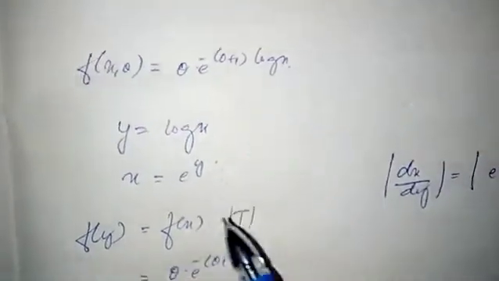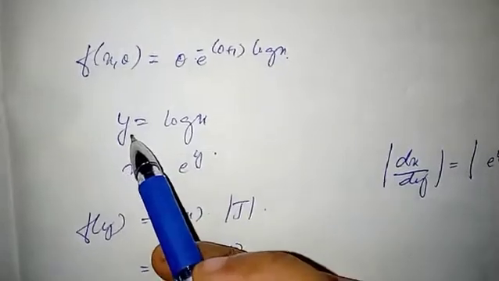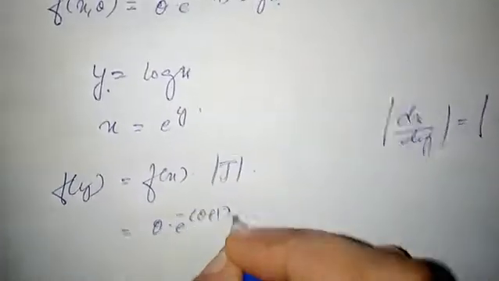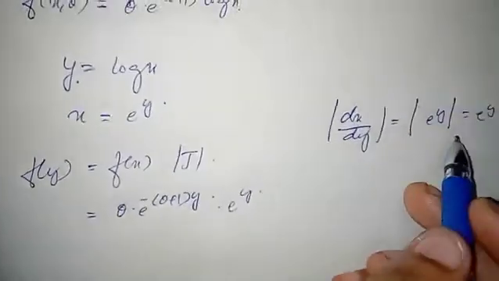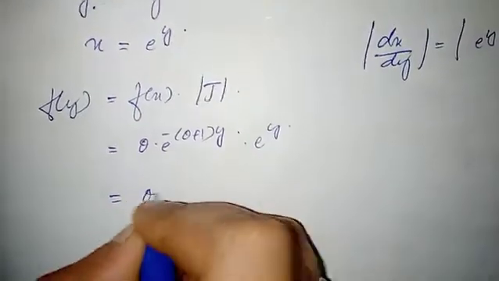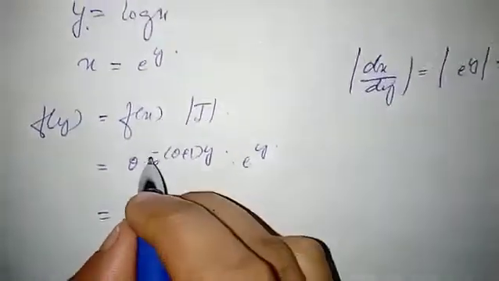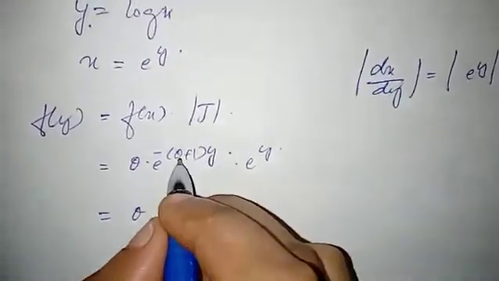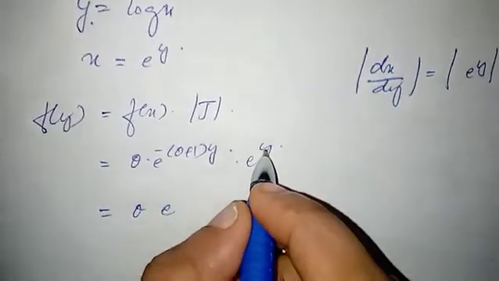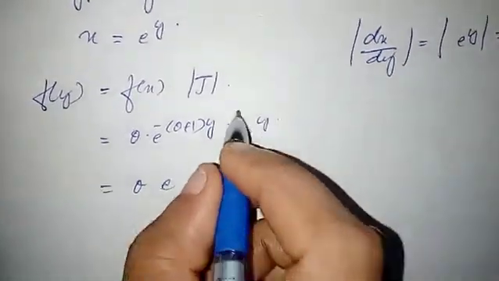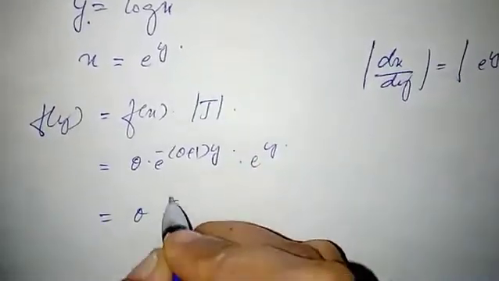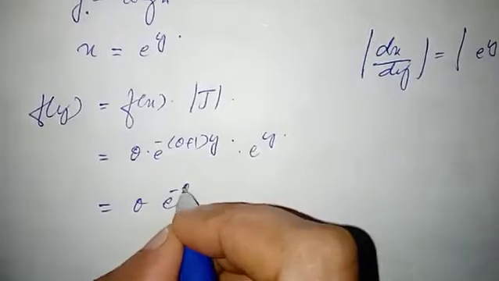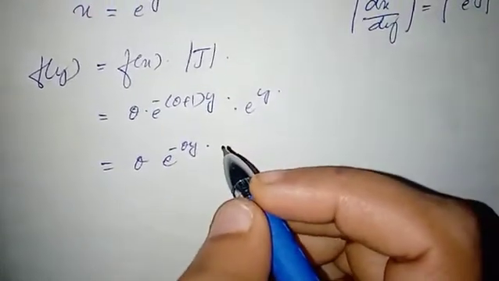But here, log x is equal to y. Then you can write it here as y. Okay, then the Jacobian e power y, right? And then combining those terms, you get theta into e power minus theta into y minus y, right? Then here plus y, right? Then the minus and plus get cancelled, remaining e power minus theta into y, right?